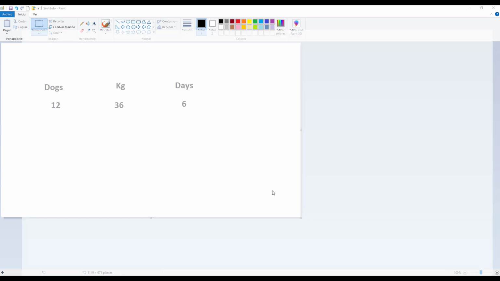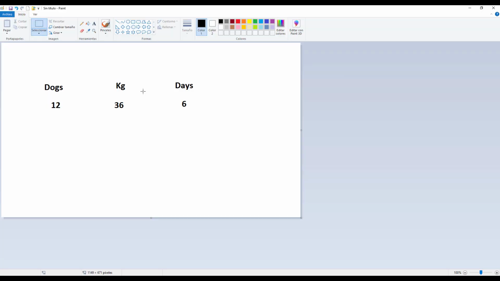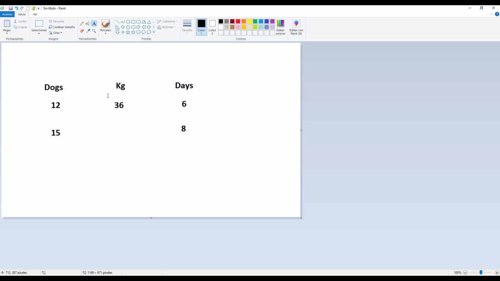And another piece of information is 15 dogs, 8 days. This is the information that we have.